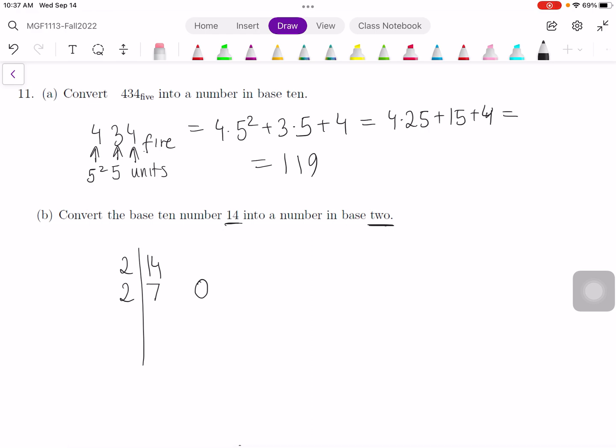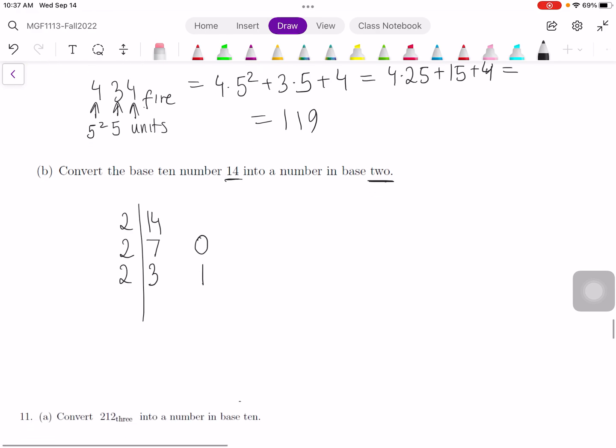So again, divide 7 by 2. 2 fits 3 times into 7. 2 times 3 is 6, so the remainder is 1. Again, keep dividing by 2 as long as you can. 3 divided by 2 is 1 because 2 fits once into 3. And 2 times 1 is 2, so what's still left?